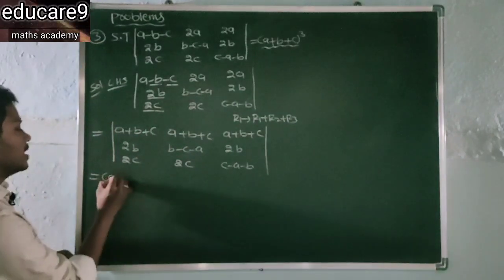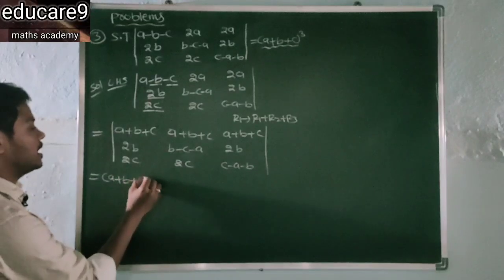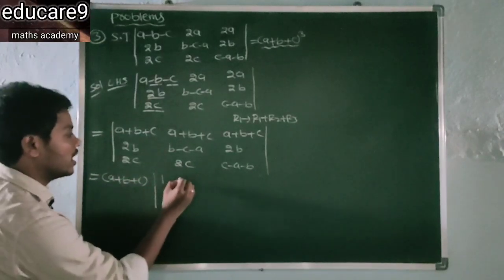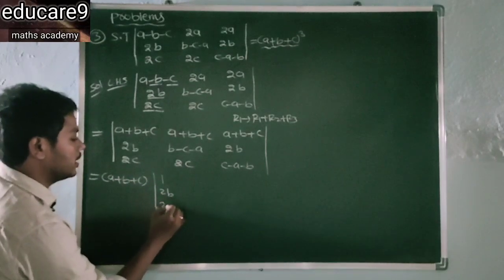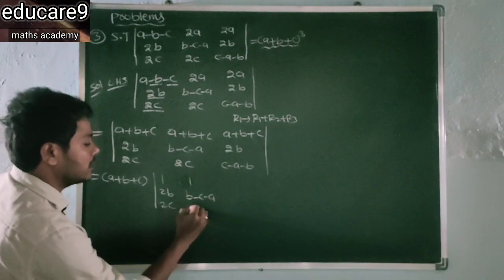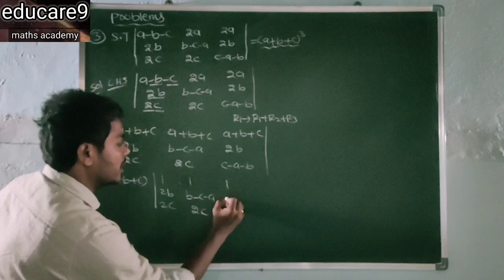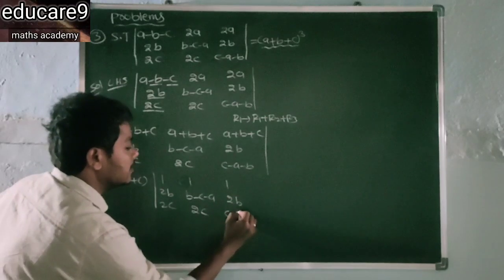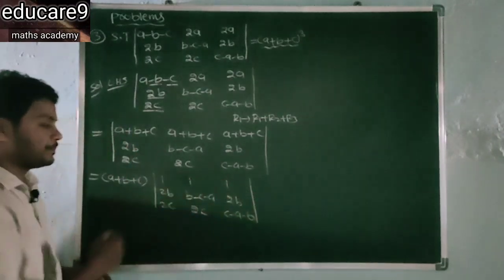That is A plus B plus C into 1, 2B, 2C, 1, B minus C minus A, 2C, 1, 2B, C minus A minus B.